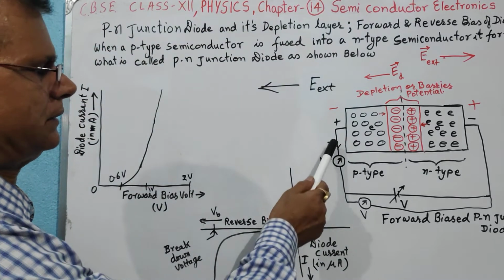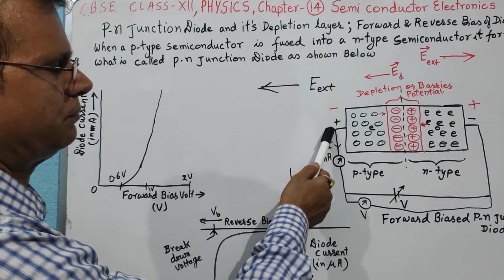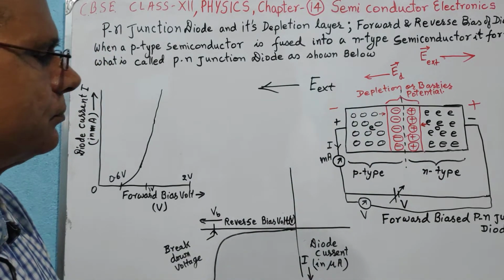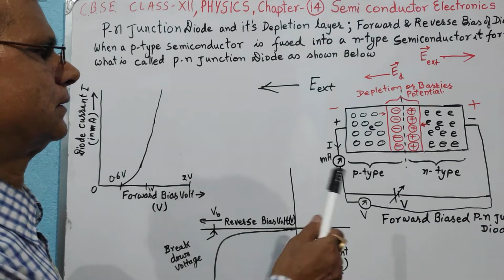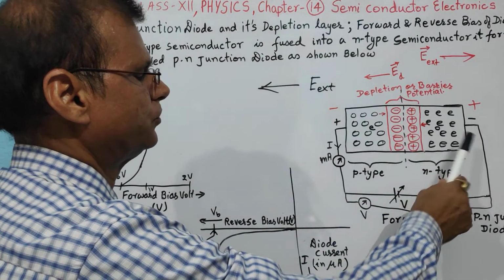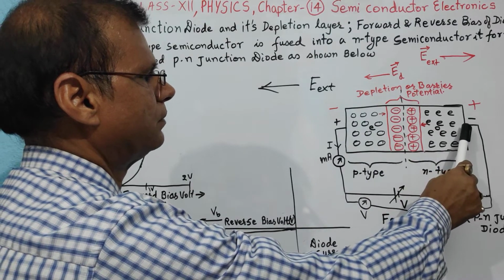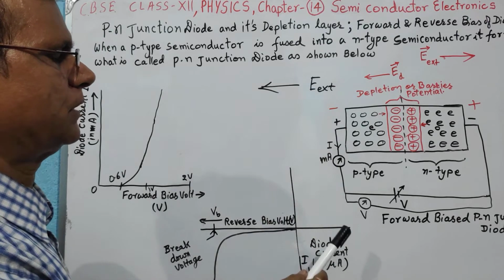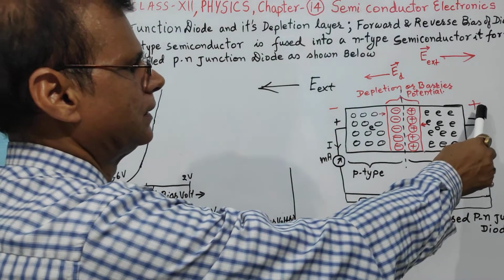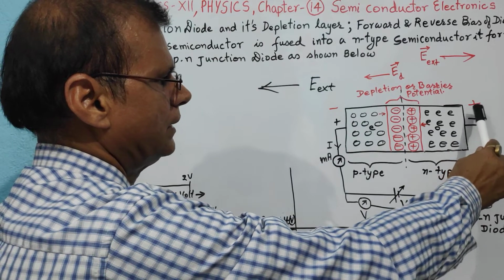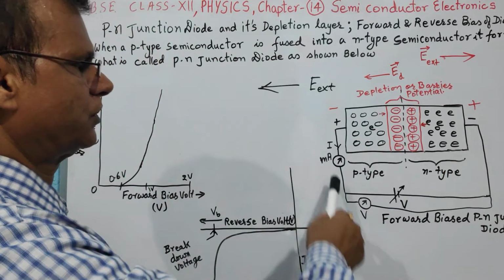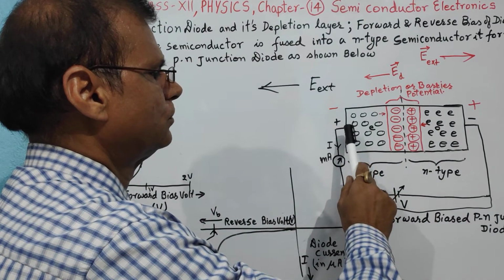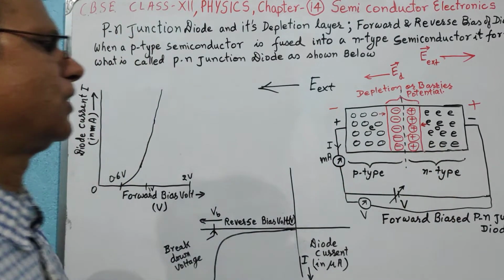In the forward bias case, the current direction within the diode is from P type towards N type.